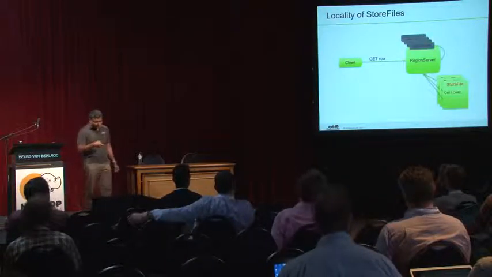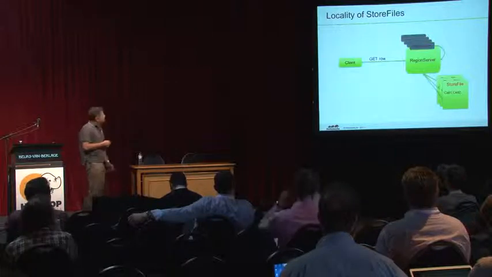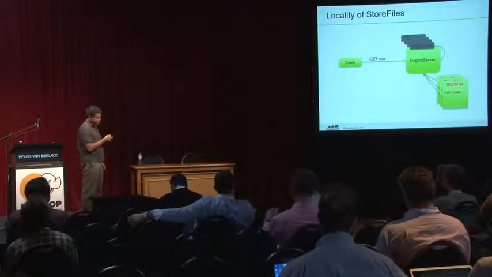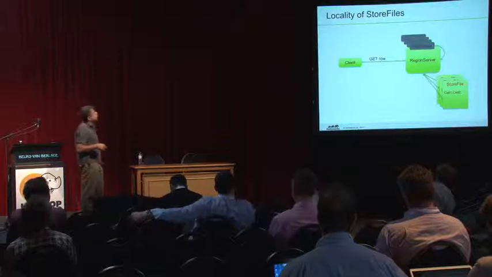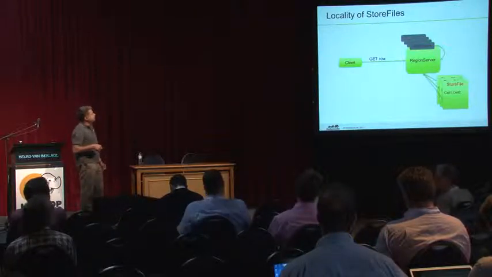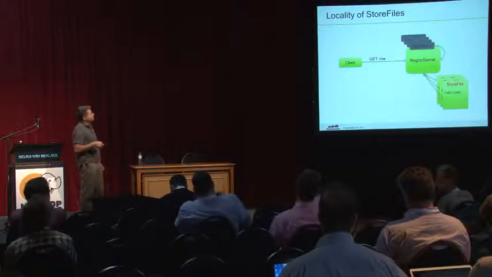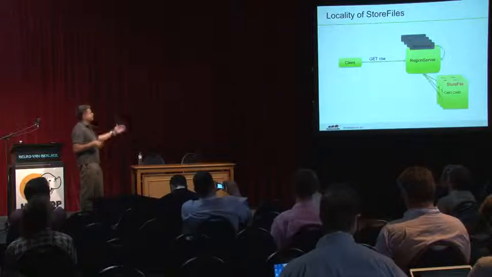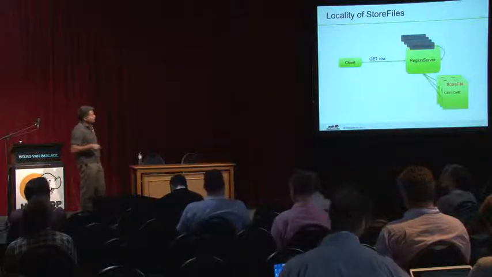The other thing that I want to quickly mention is that the store files that get created also have locality. So when a region server is creating the store files, when the memory becomes full, the store files get created, right?